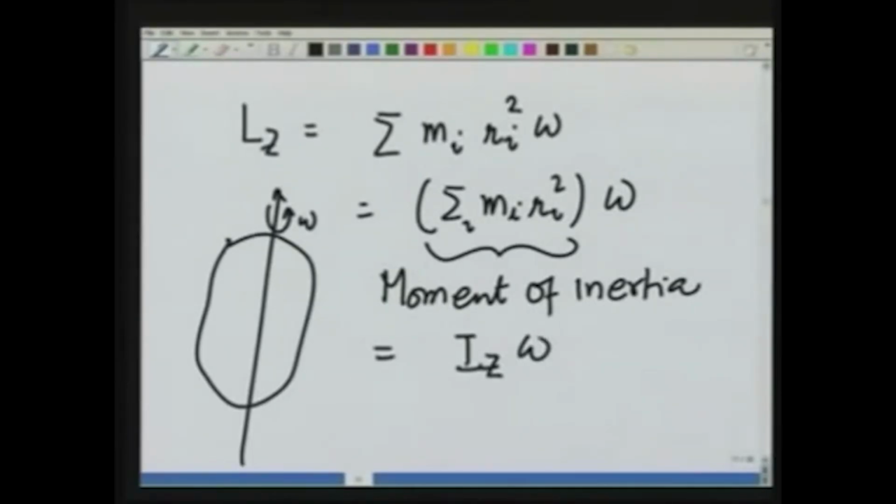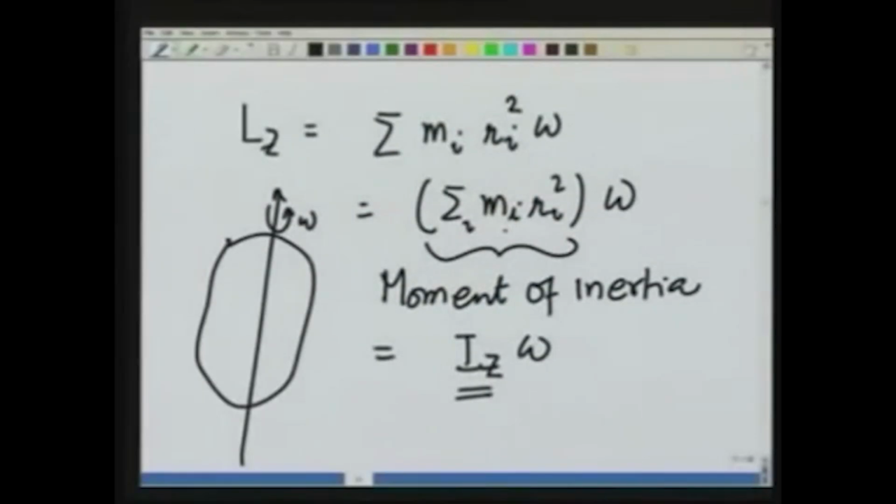This you have seen in your 12th grade, but now I have given you a rigorous derivation starting from the basic definition. I_z is nothing but mass times the perpendicular distance from the axis. Remember, r_i is this. It is not the distance from the origin, but the perpendicular distance from the axis. Multiply m_i times r_i square, add it up, that gives you I_z, times omega is L_z.